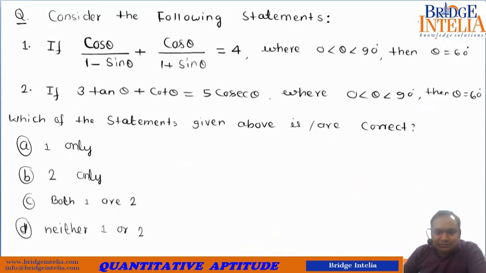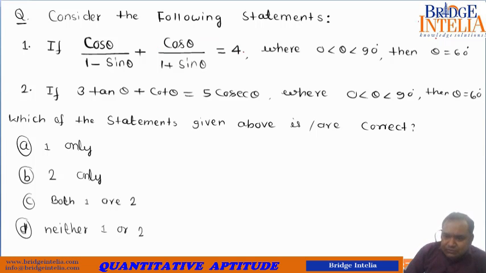Okay. So this is again a case of substitution. Two statements are given before us, and we have to decide the veracity of the statements, whether these statements are true or not. The first statement is cos theta by 1 minus sin theta plus cos theta by 1 plus sin theta is equal to 4.